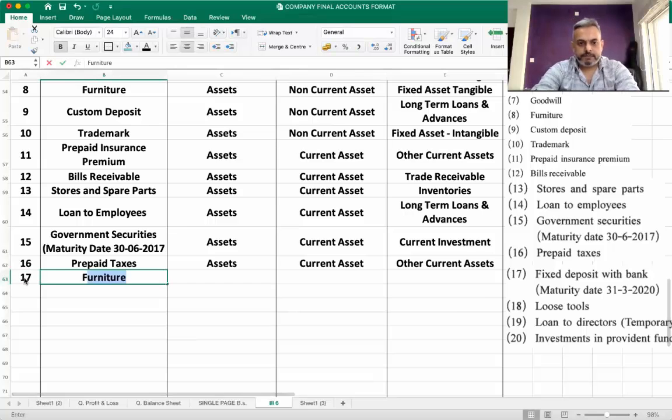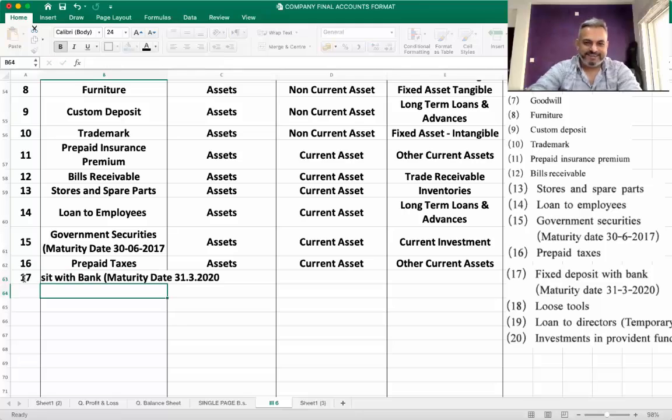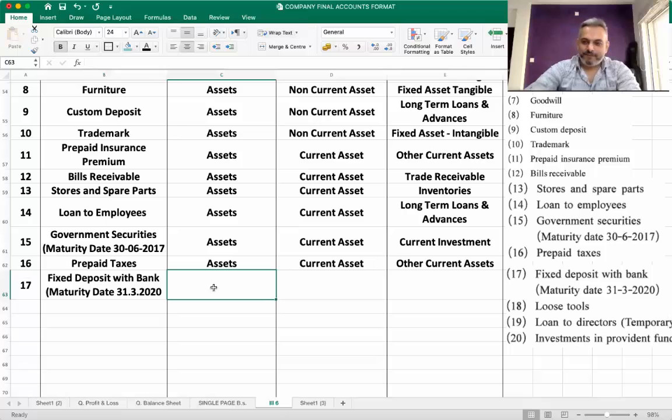17. Fixed deposit bank. Again, maturity date is given, so I write that maturity date is 31/3/2020. Okay, FD is maturing on 31st March 2020. It's your asset.